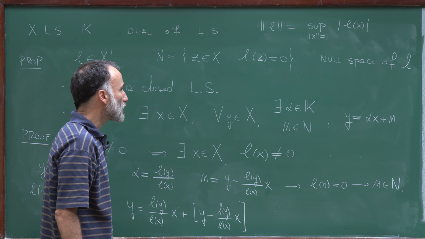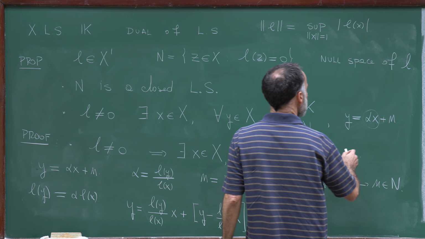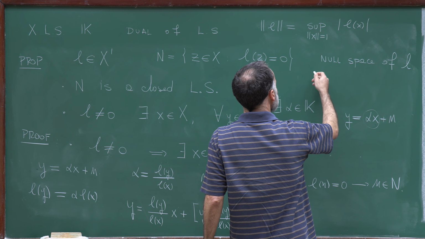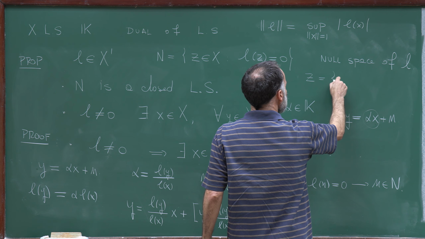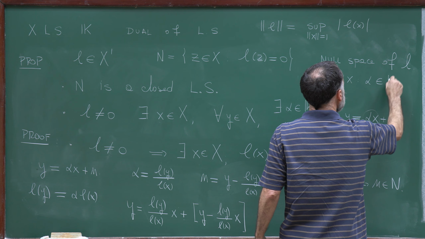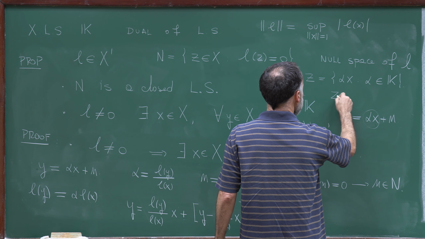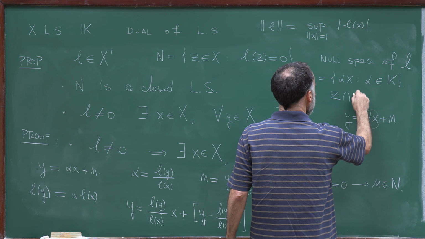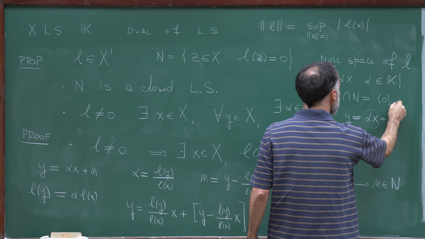And what I now claim is that, well, I have here a linear space. So let me call it Z. Let me call Z the set of alpha x such that alpha is a scalar. And what I claim is that the intersection of Z with N is equal to the element 0.